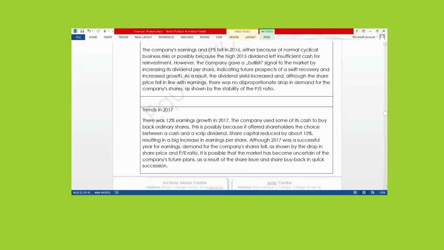If you check 2016, earnings per share was 9.8 kobo. In 2017, 12.1 kobo. This increase is due to two reasons: reduction in share capital and increase in earnings.